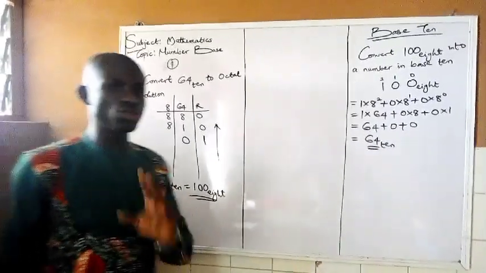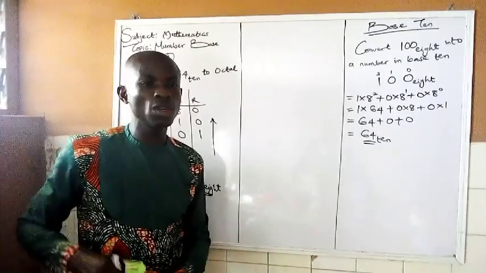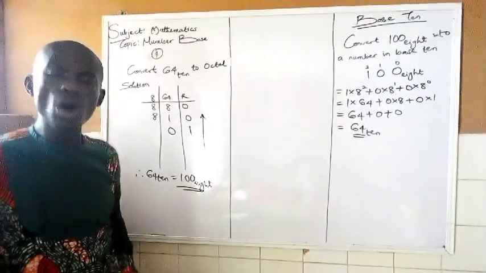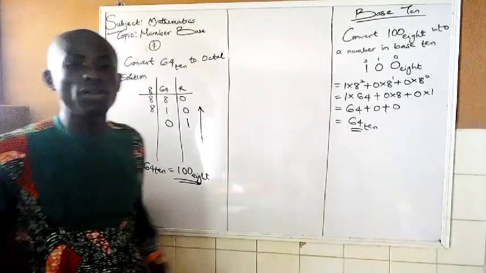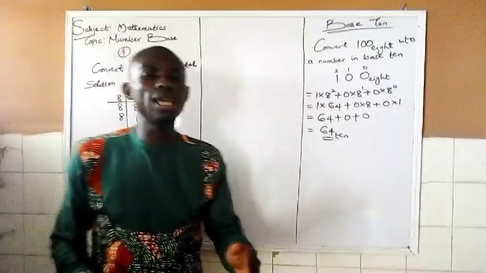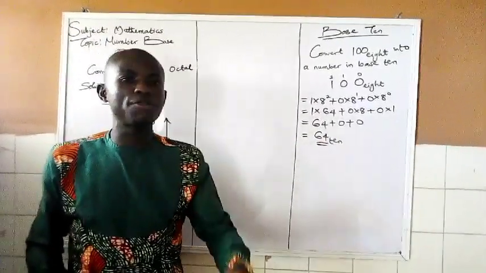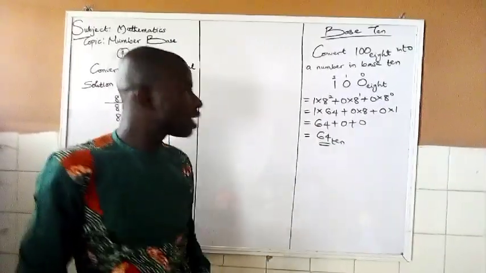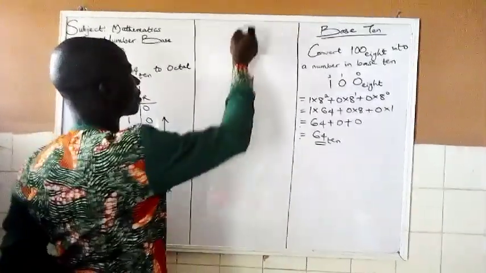Now I want to introduce you to one of the challenges under this number base. Please pay attention. One of the challenges that we have in number base is this. By the time they ask you to convert a number from ordinary base to another ordinary base, what do you do? Take for instance, this is another example.